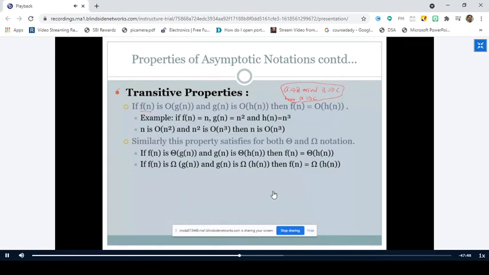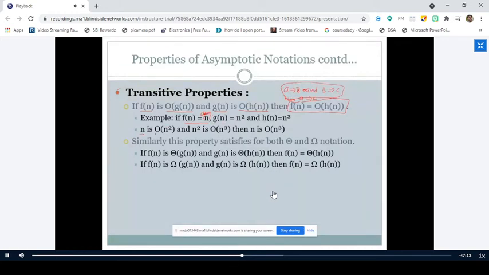So if f of n is big O of g of n and g of n is big O of h of n, then you can simply say that f of n is big O of h of n. I think you know very well about these properties, right? For example, take f of n as n, that is nothing but big O of n. Don't get confused. f of n is n, g of n is n square, and h of n is n cube.